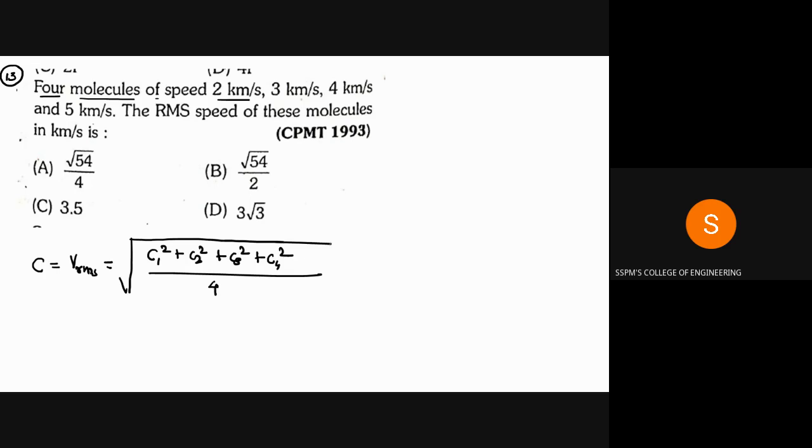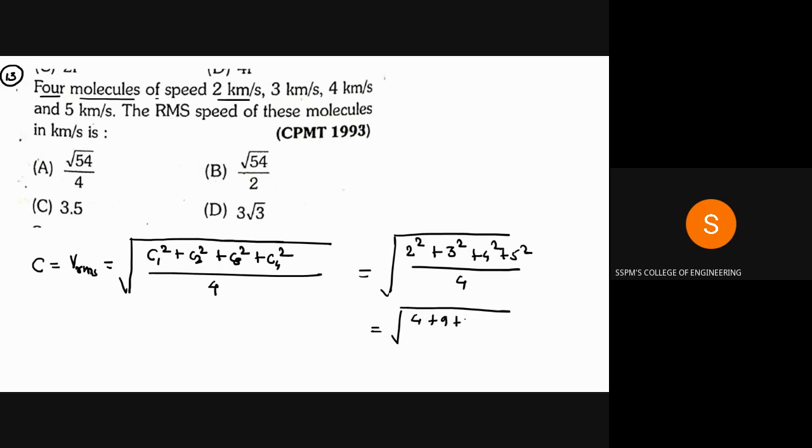Okay, so this is equal to square root of 2 square plus 3 square plus 4 square plus 5 square upon 4. So 2 square is 4, this is 9, 16 and 25.